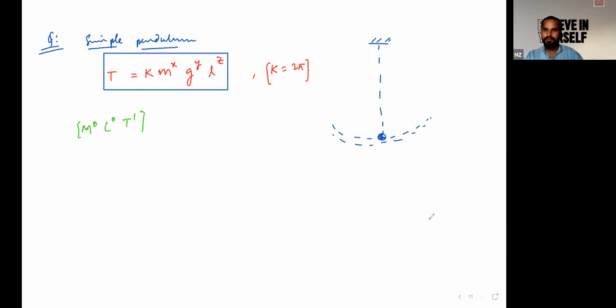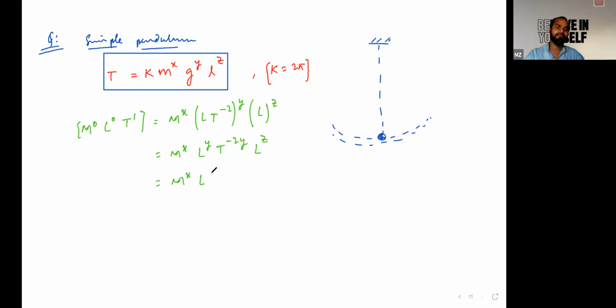Aisha, any doubt? I'm doing, sir. So the exponent of L will be y plus z equal to 0. Sir, is the exponent of L correct?